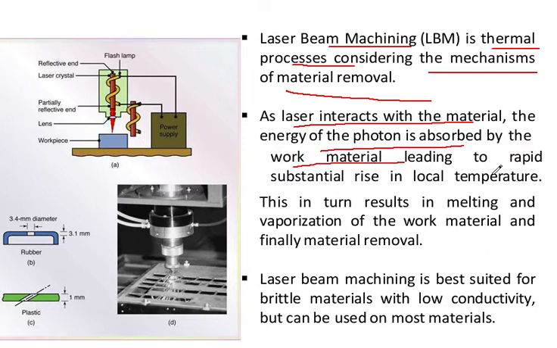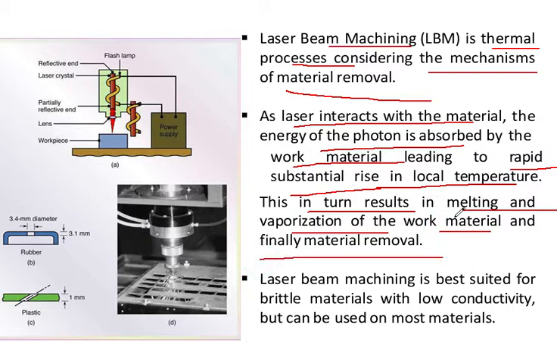This leads to a rapid, substantial rise in local temperature and thus results in melting and vaporization of the work material, and finally the material is removed. So ultimately, in laser beam machining the material is always removed in the form of vaporization and melting. This is one of the most interesting points for laser beam machining.